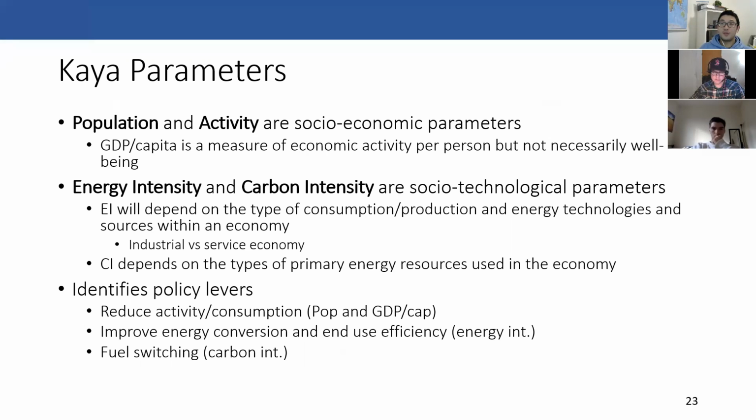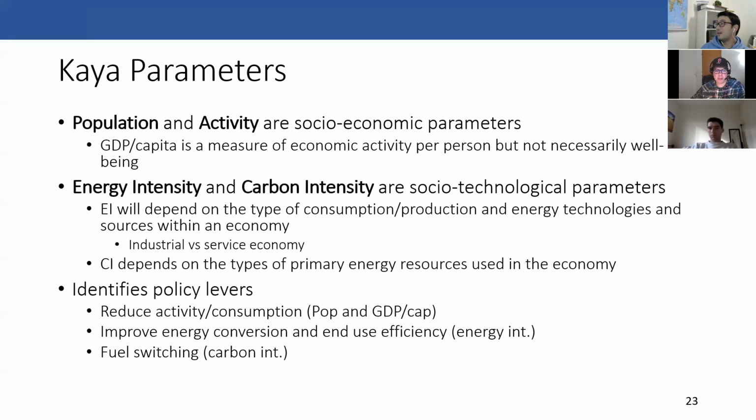Okay, and so even this basic understanding reveals a lot about what sort of policy levers and mechanisms we can use to address the broader GHG issue, right? I can reduce activity or consumption. And you can do this by reducing the population, which may be a little bit less feasible, but you can also do this by reducing your GDP per capita.